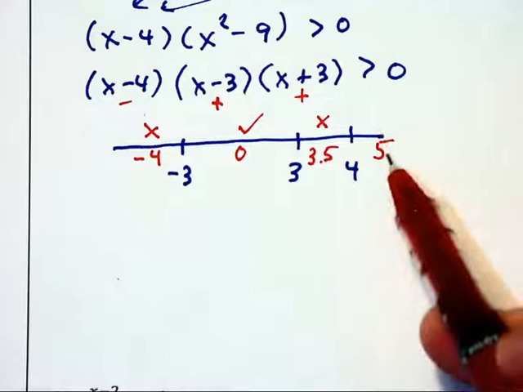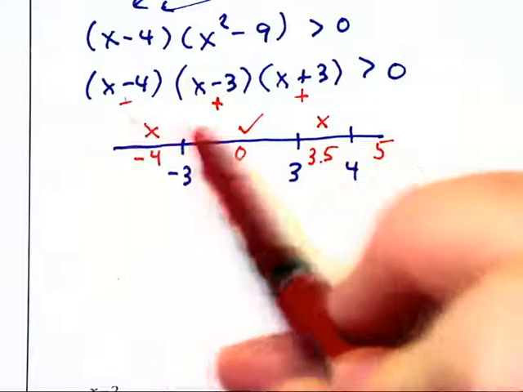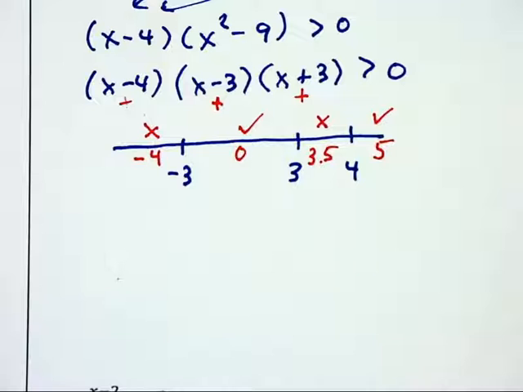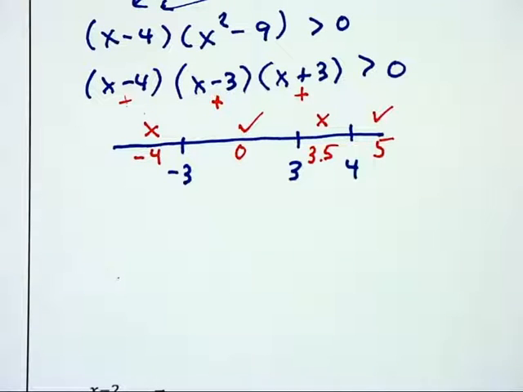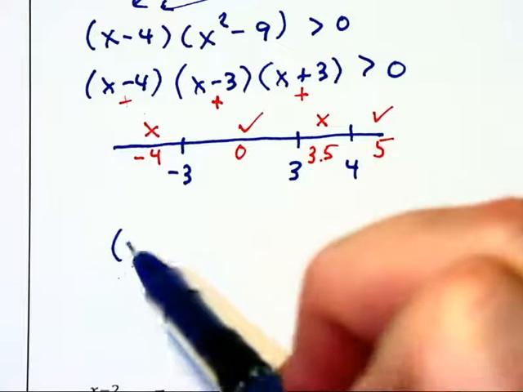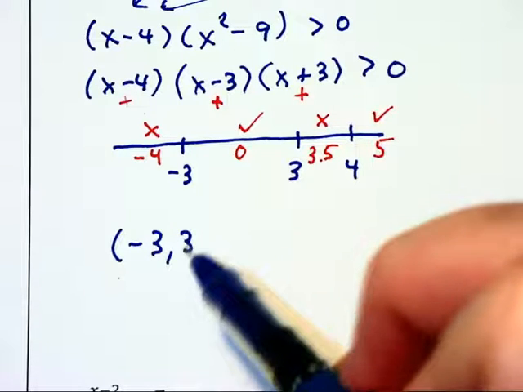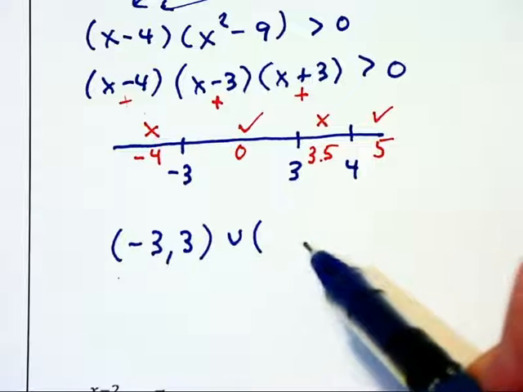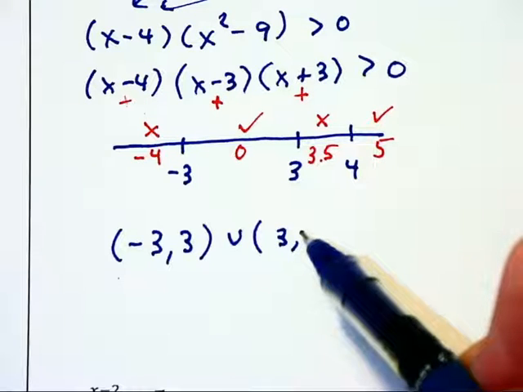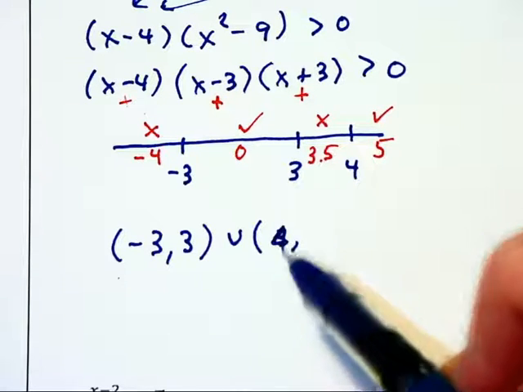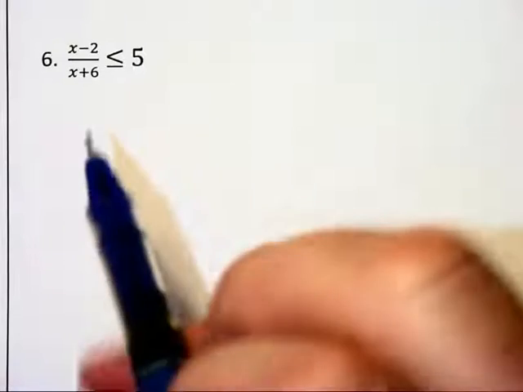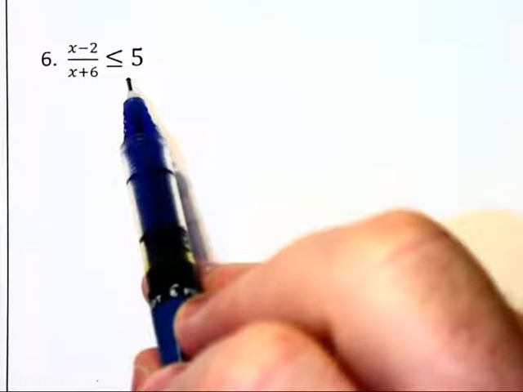When you substitute 5 in, all 3 regions become positive, which means that 5 will be in our solution region, and our solution to this inequality will be the set from -3 to +3 united with the set from 4 to infinity.